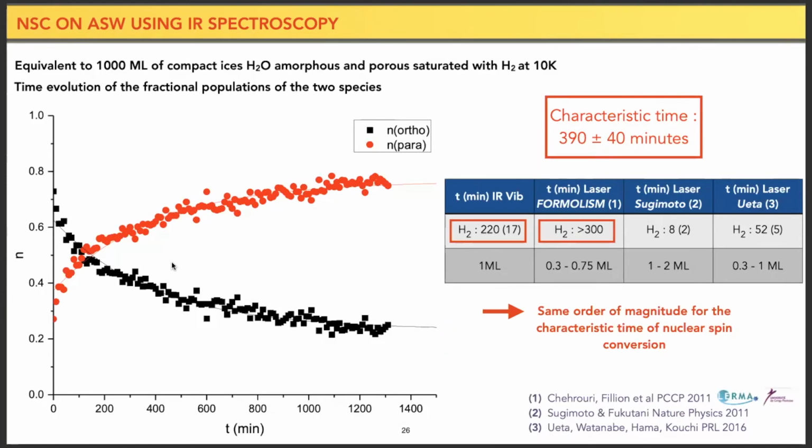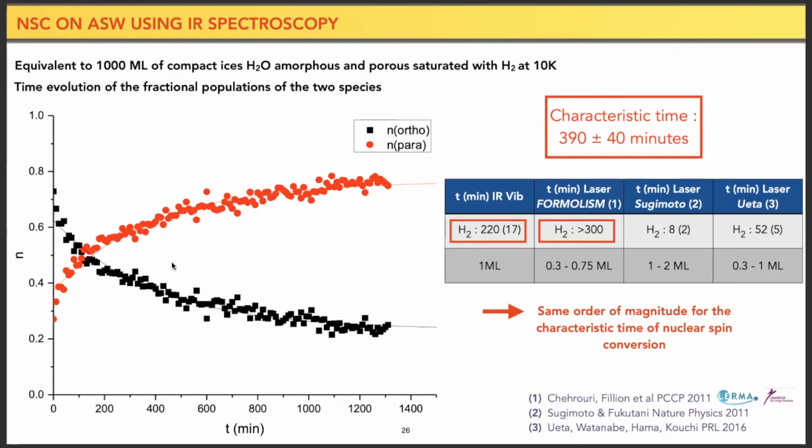These are the results of the experiment. We can see the evolution of the ortho and para H2 molecules as a function of time. The duration of the experiment is about 24 hours. At the beginning, we have 75% ortho molecules and 25% para molecules, and we have a decrease of ortho molecules in favor of the growth of para molecules. But at the end, we still have ortho molecules.